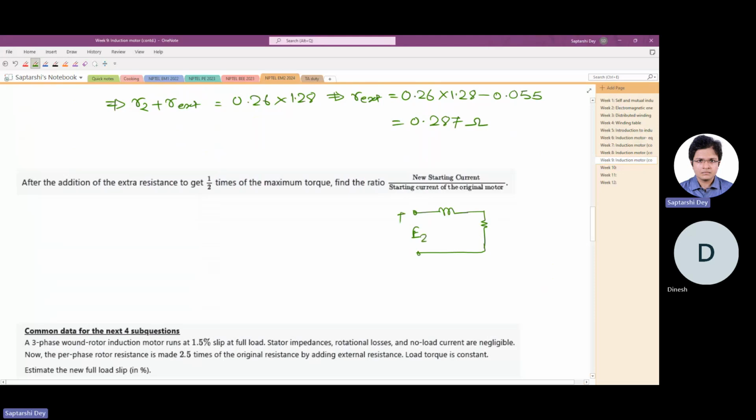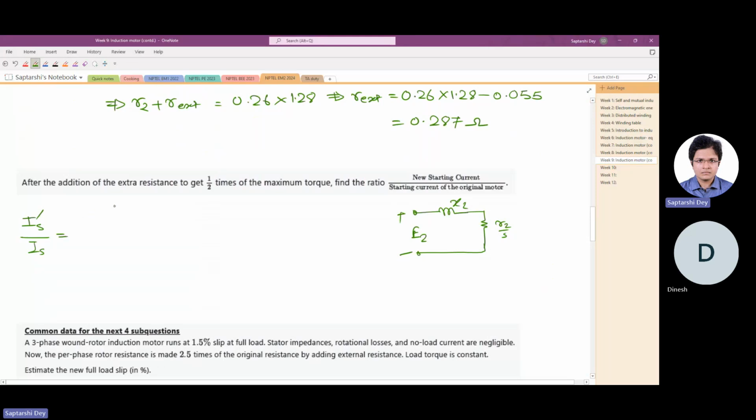E2, as discussed, does not change. X2, R2 by S. So simply, we want the new starting current by the original starting current.